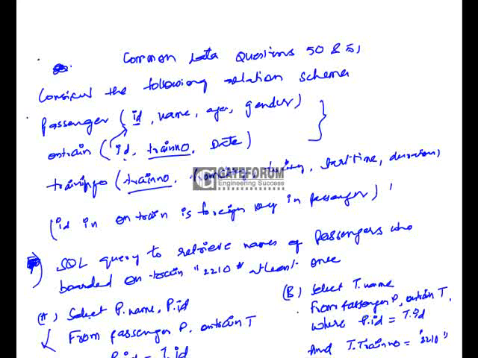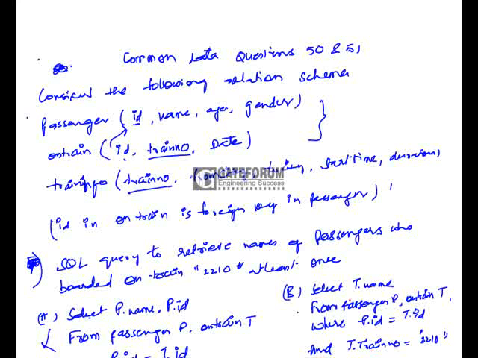So it will find the cross product of the passenger and on train tables, and in that table it will filter the rows which satisfy the condition P.ID equal to T.ID and T.train number equal to 2210.